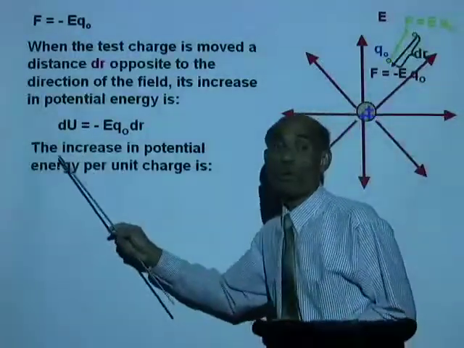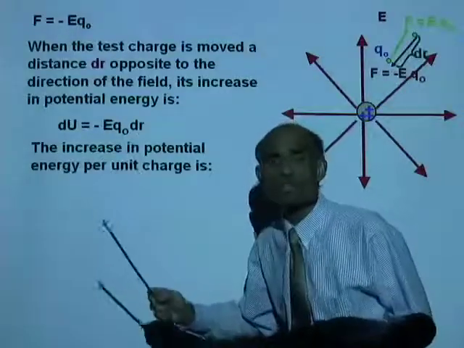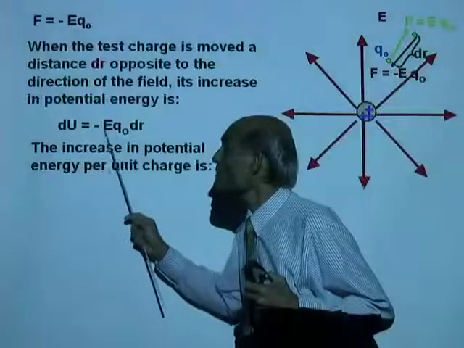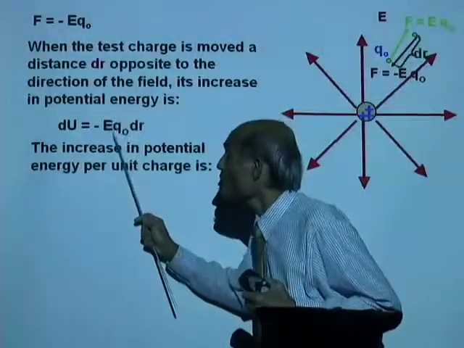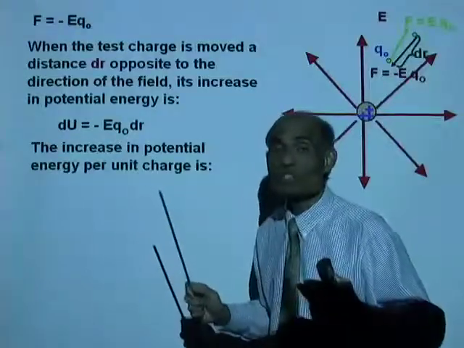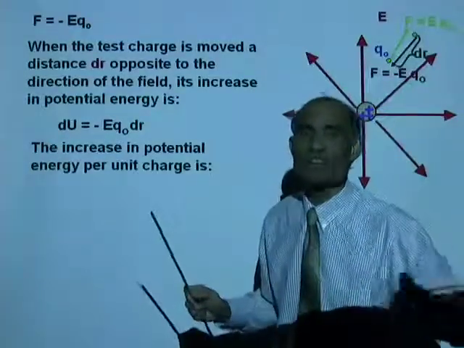Now therefore, what is the increase in potential energy per unit charge? This is the increase in potential energy dU of a charge Q0. What is the increase in potential energy per unit charge?